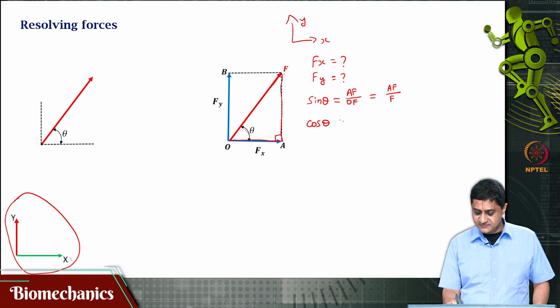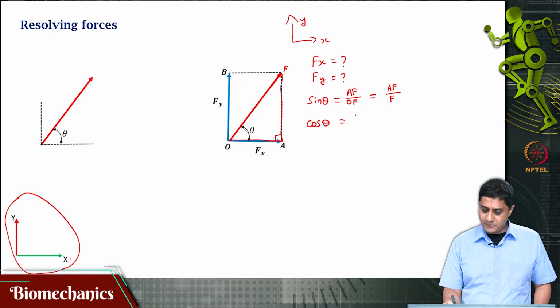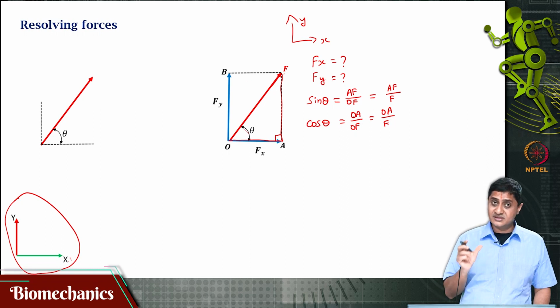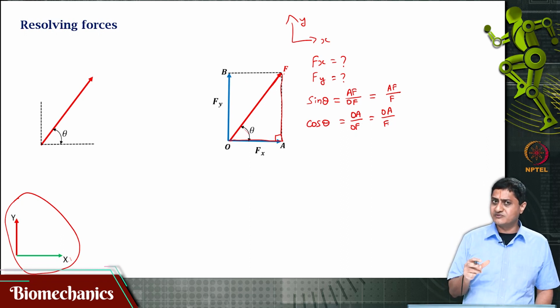Cos theta is adjacent side by hypotenuse, that is OA divided by OF, and that is actually OA divided by the magnitude of the force F. We know that the hypotenuse is the magnitude of the force F, and F is given, you know F.